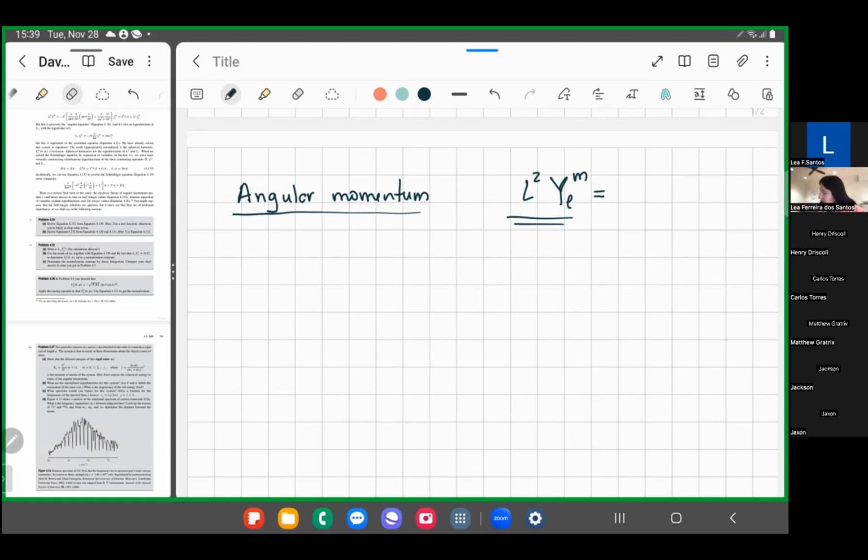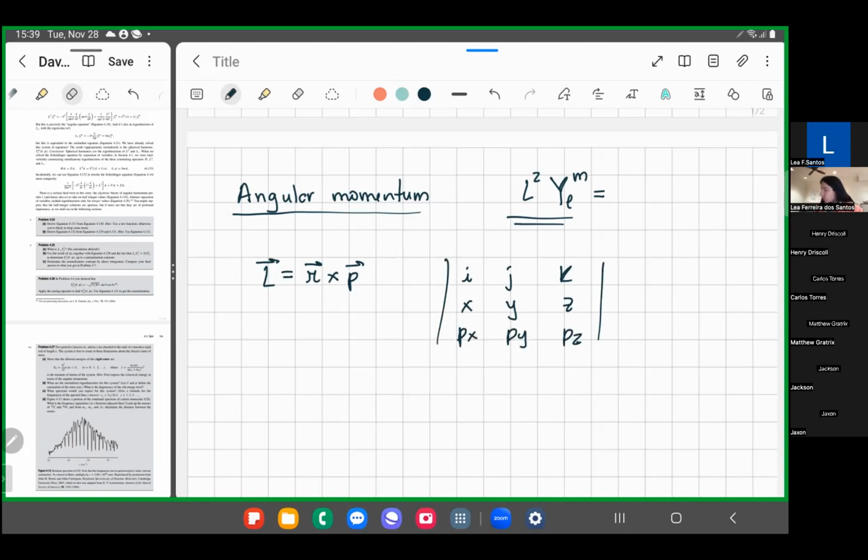In classical mechanics, you know very well what is the angular momentum. It's the cross product between R and the linear momentum. And so you can find each one of the components using this expression. In the cross product, we have R, the components X, Y, and Z, and P, the components PX, PY, and PZ.